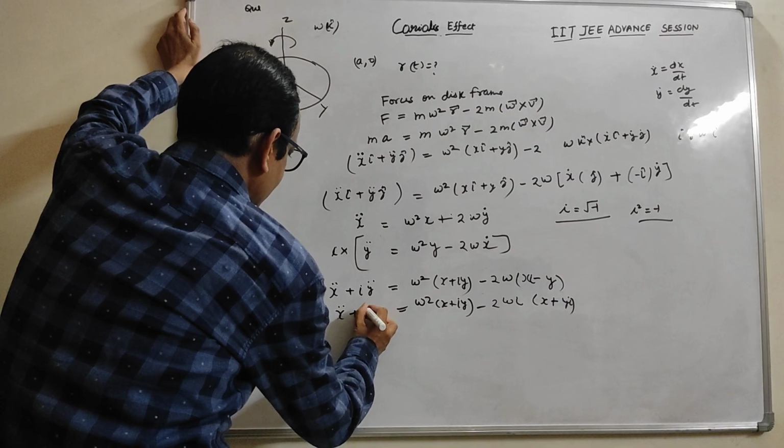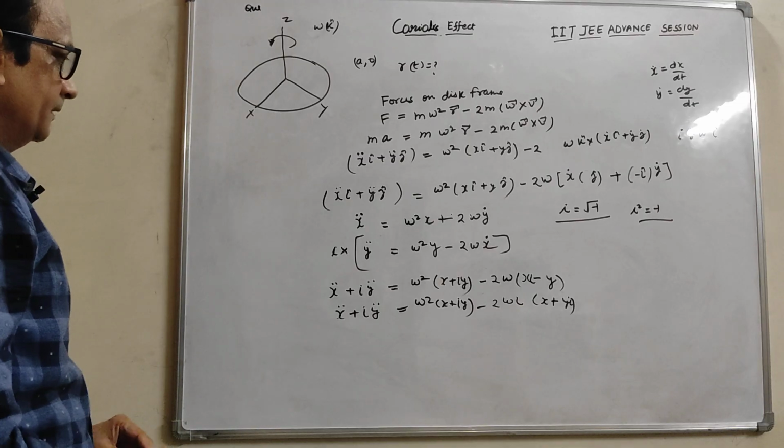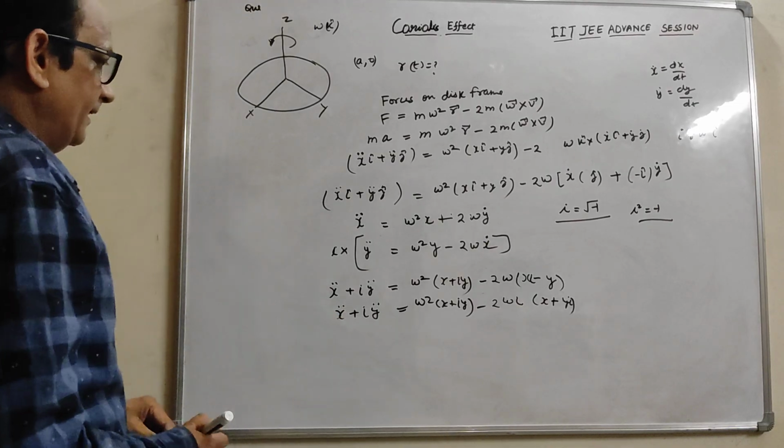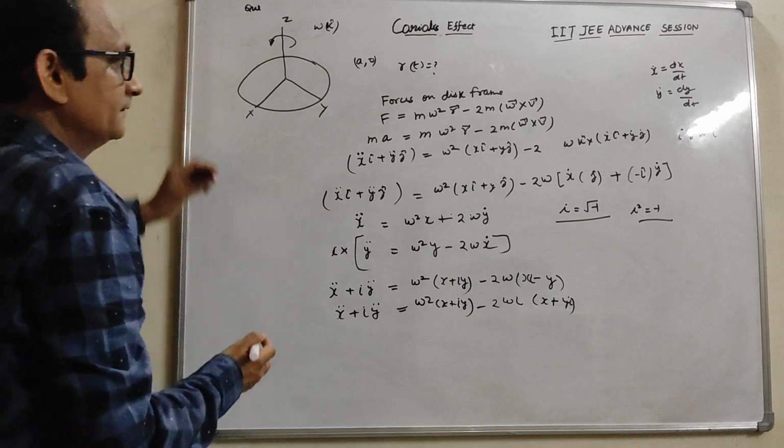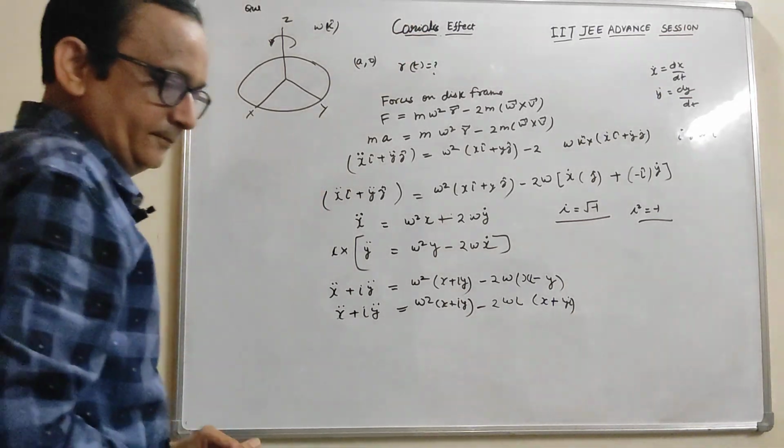x double dot plus i y double dot. So let's consider x plus iy. So we remove it here and further proceed with the problem.